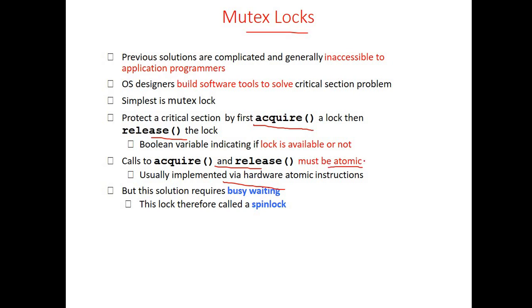The meaning of atomic in nature is that all the statements in the function either must execute completely or not at all. But this solution requires busy waiting. The waiting at the while loop for the availability of the mutex variable involves busy waiting. Therefore, that busy waiting is called a spin lock.